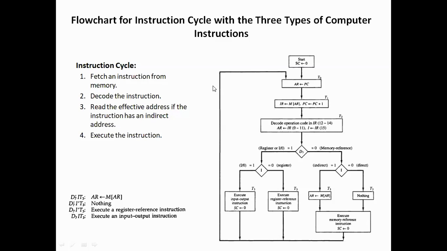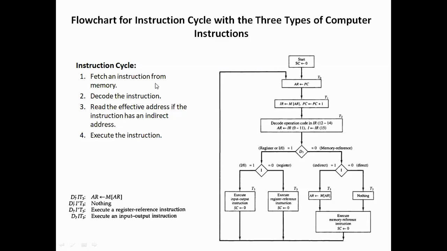Where will that instruction reside? Obviously that address will be in PC. So PC means the program counter register. We know that the program counter register stores the address of the next instruction. So first we will bring the address into the address register.